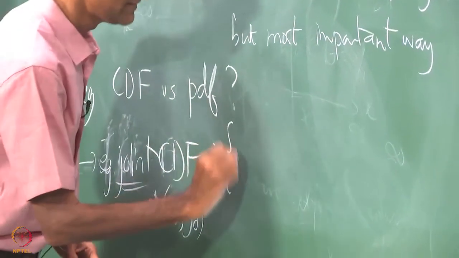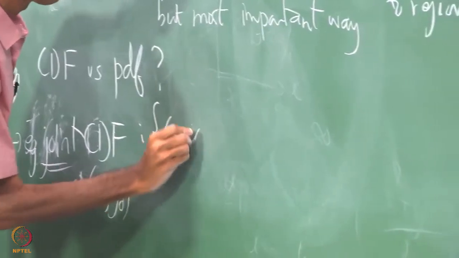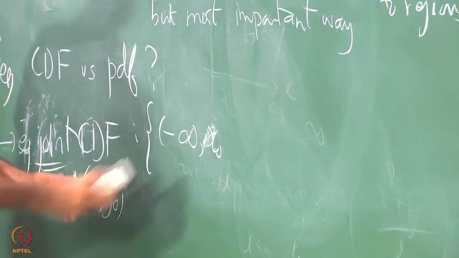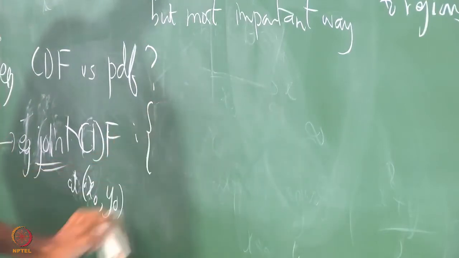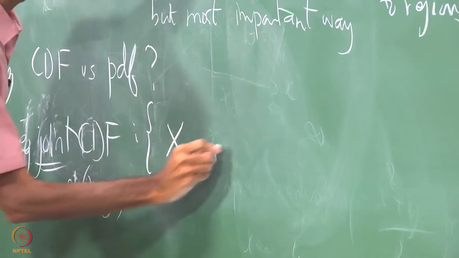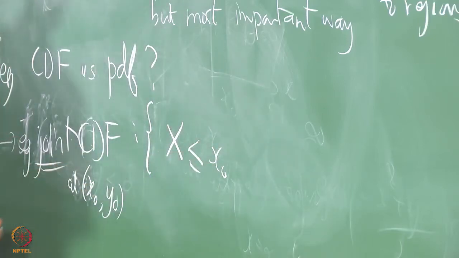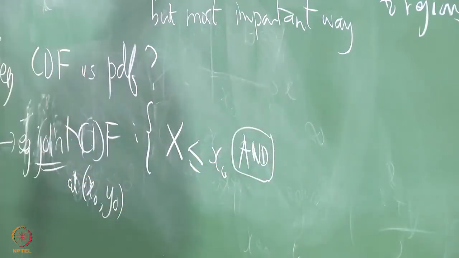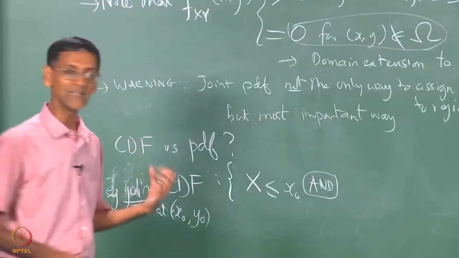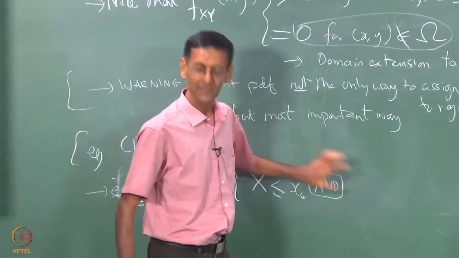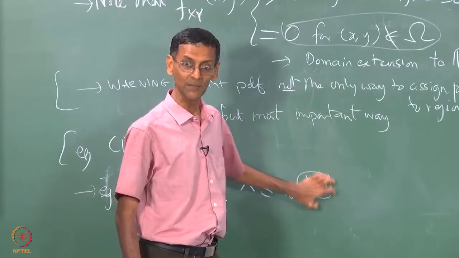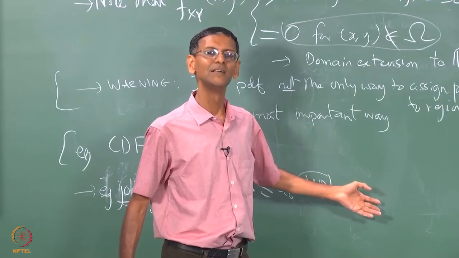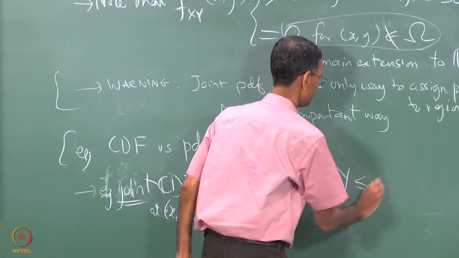I will use random variable notation itself: capital X less than x naught, and I will put an AND here. A comma does not seem to have quite the same impact as writing that AND, but please remember that anytime you use a comma it is a very firm AND.